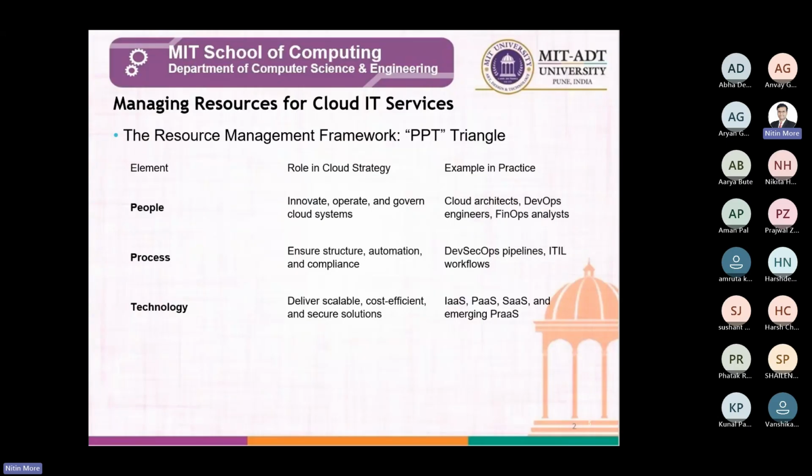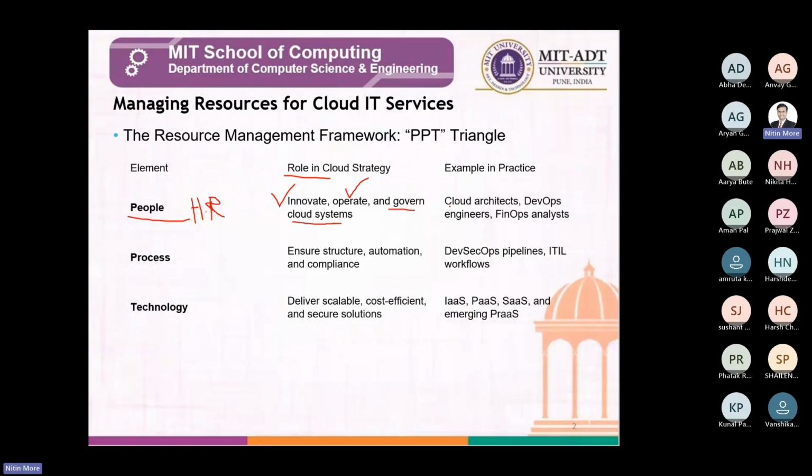So that is for this first P, that is the people, right? We also call it human resource. We discuss their roles, who are responsible for innovative products, who actually operate and govern the cloud system or the overall organization.